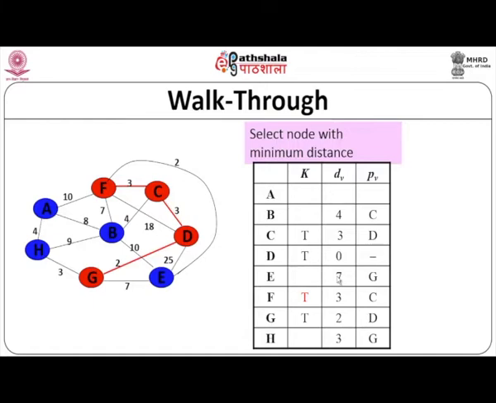F is connected to E, F is connected to C, F is connected to B and F is connected to A. Now, some of these are new nodes. For example, A is a new node, E is not yet considered in the minimum spanning tree, but there is a connection there. We will have to update this only if the label value is lesser than what is already existing. So, we have selected F, the next step is to update.